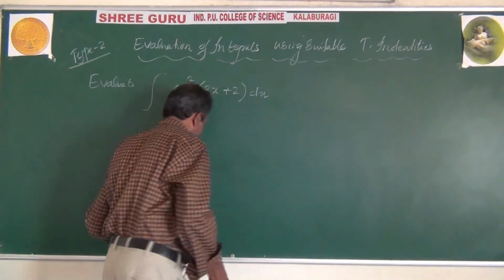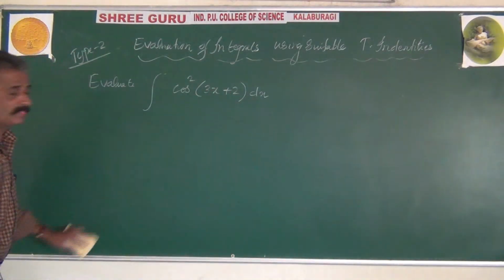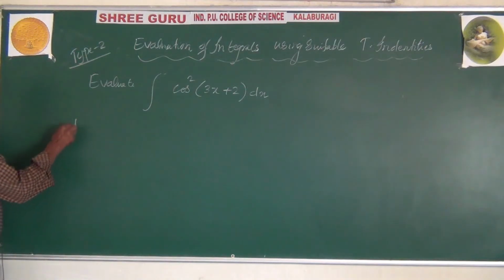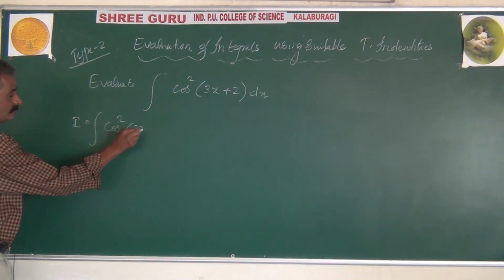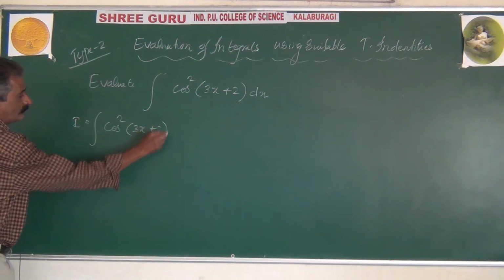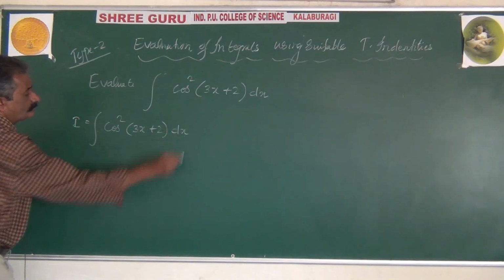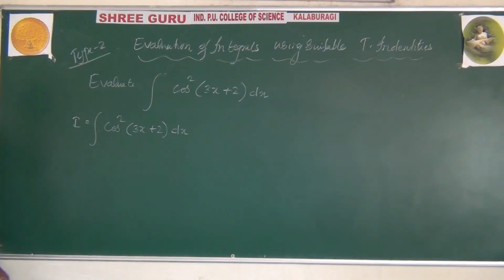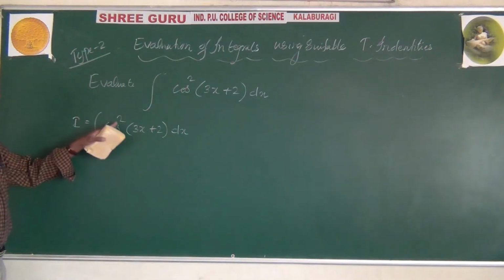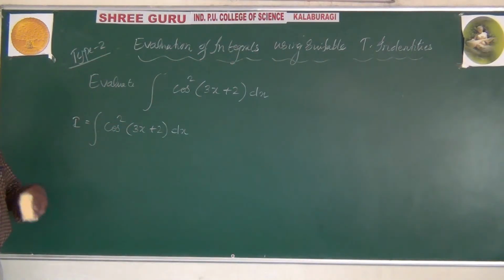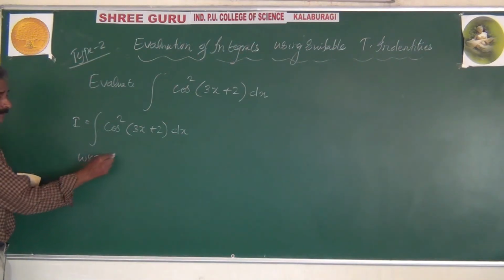First step: let I equal the integration of cos square of (3x plus 2) dx. Again, because of this power, we cannot apply the integration formula, so we use the trigonometry formula. We know the cos square A formula.